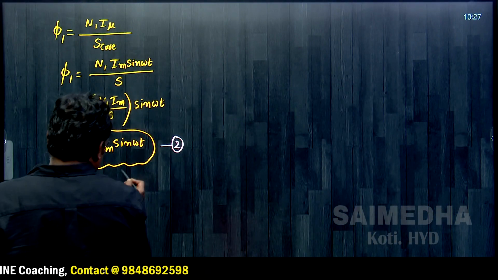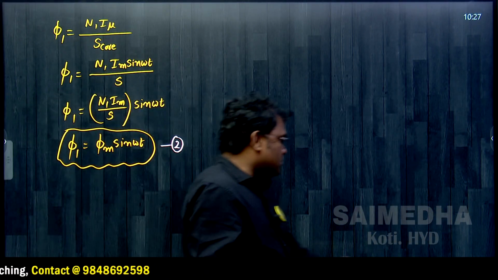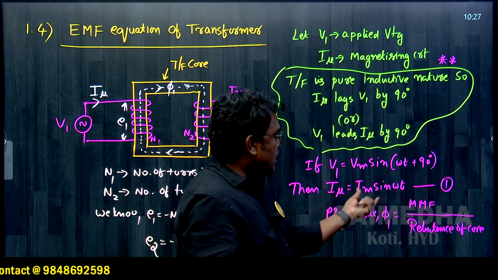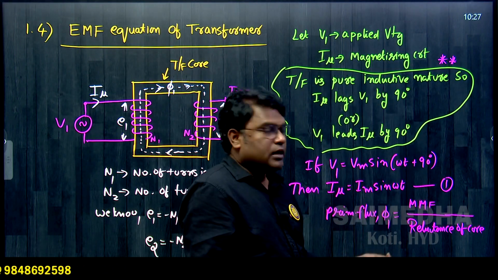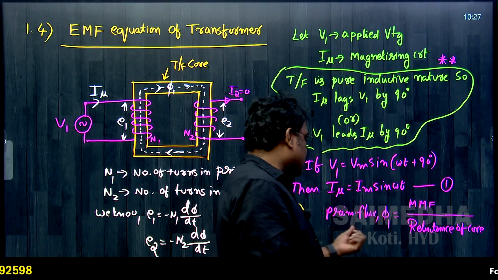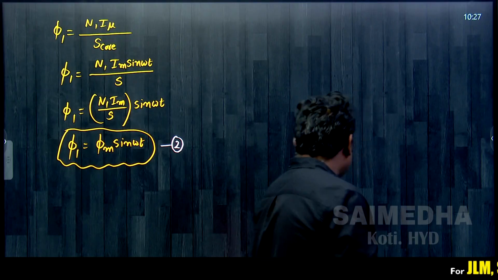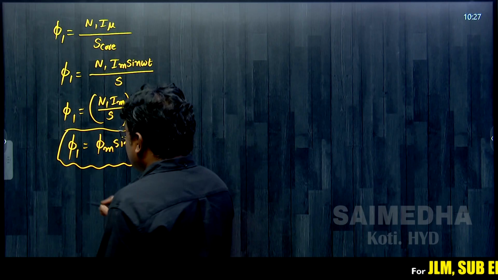So now we have some conclusions. See this: the magnetizing current I mu is equal to Im sin omega t, and the flux phi is equal to phi m sin omega t. Now what is conclusion 1?